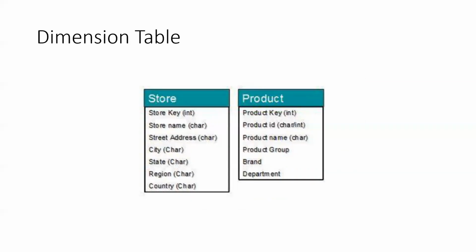We can say the dimension table should not change frequently. Just like store: a store table collects information such as city, state, region, country, street address, store name, and the store key should be the primary key for that store table.